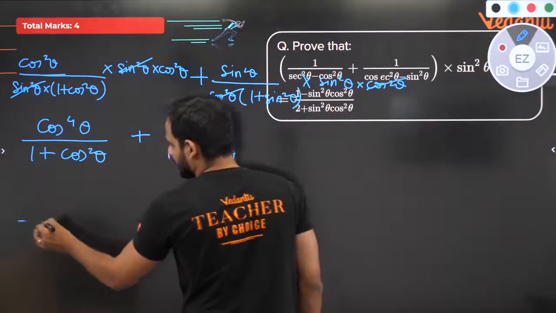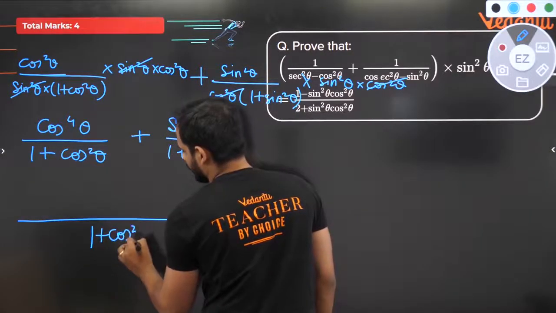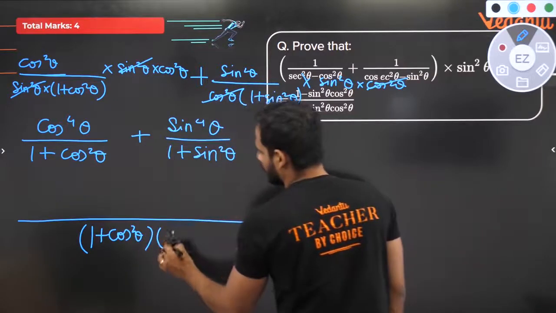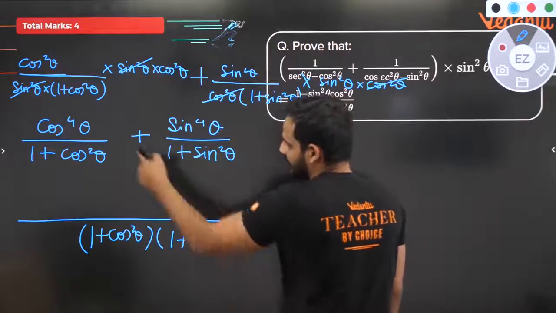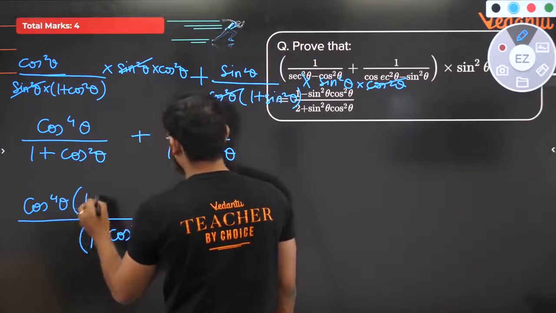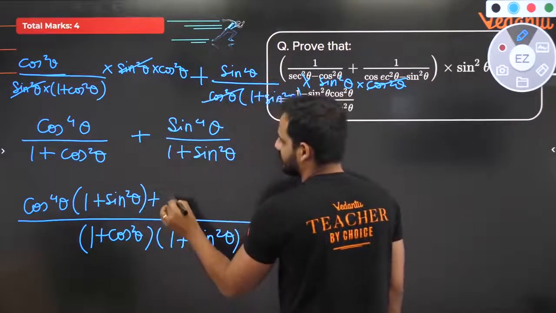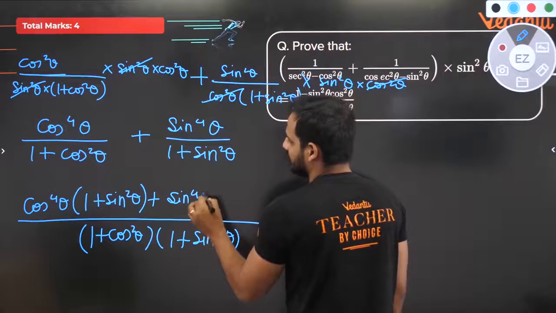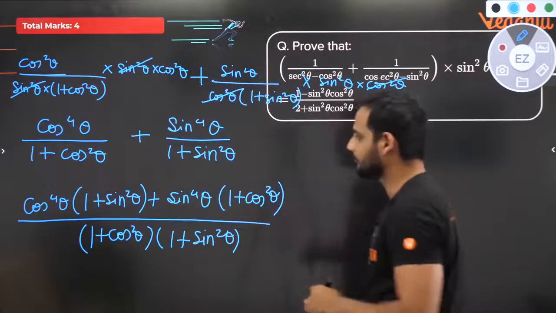If I take the LCM, the denominator will become 1 plus cos square theta into 1 plus sin square theta, and here cos raised to the power 4 theta multiplied with 1 plus sin square theta, and here sin raised to the power 4 theta multiplied with 1 plus cos square theta. Multiply them.